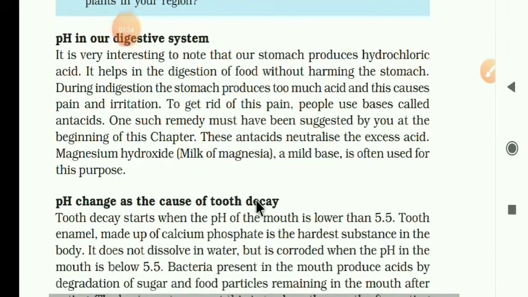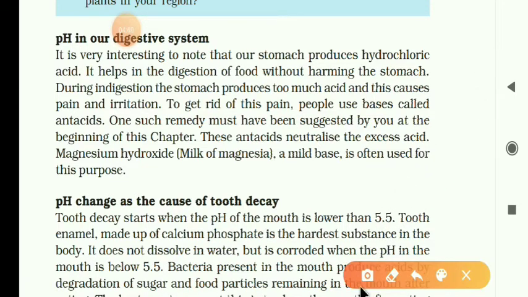Now the next one is the importance of pH in stopping the decay of teeth. You know that tooth decay starts when the pH of the mouth is lower than 5.5. See, when it is lower than 5.5, then the tooth decay starts, meaning it starts to spoil. Tooth enamel, the hard layer, is made up of calcium phosphate.